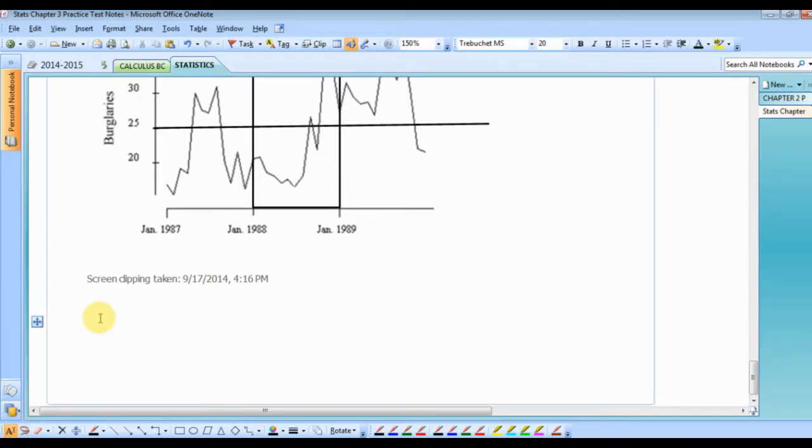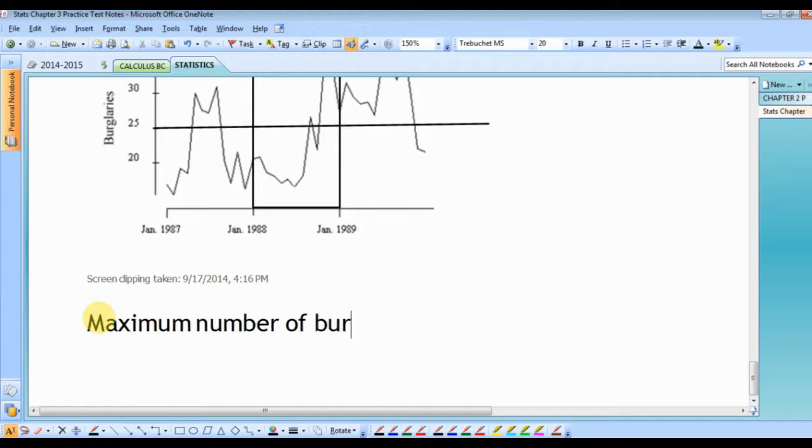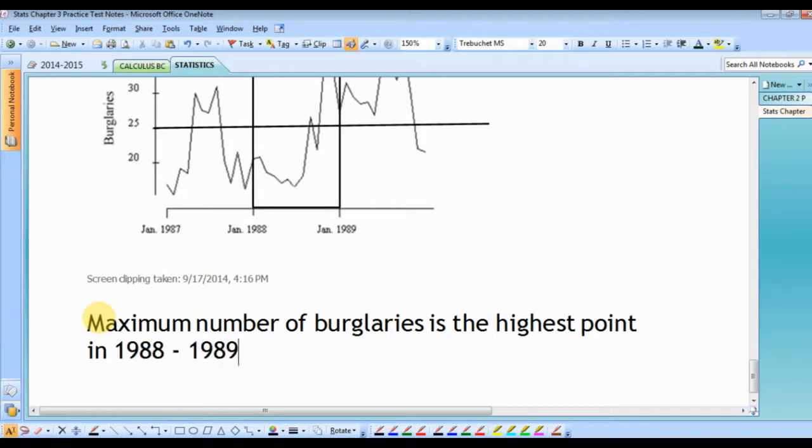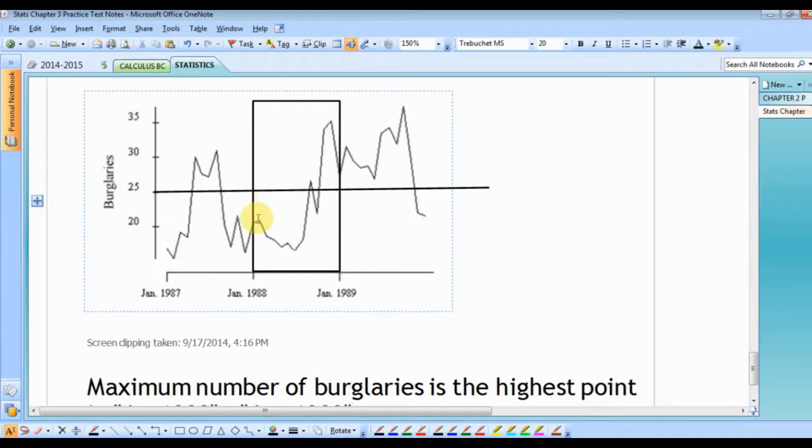So the maximum number of burglaries is the highest point between January 1st, 1988 and January 1st, 1989.